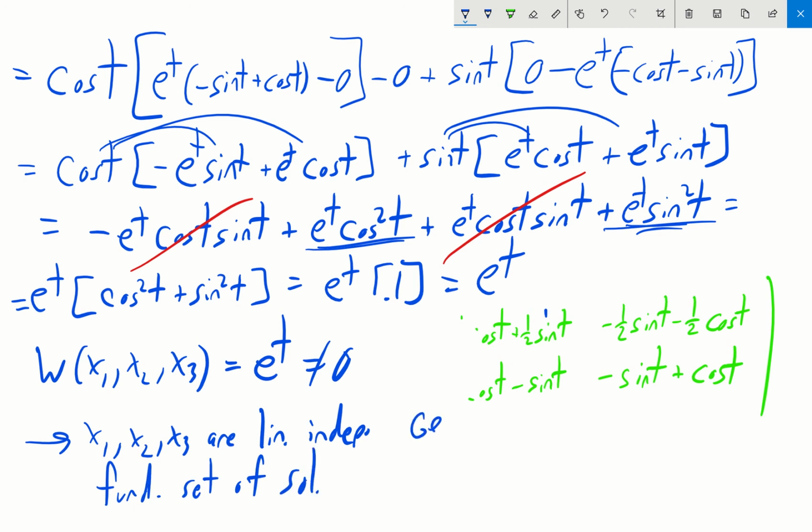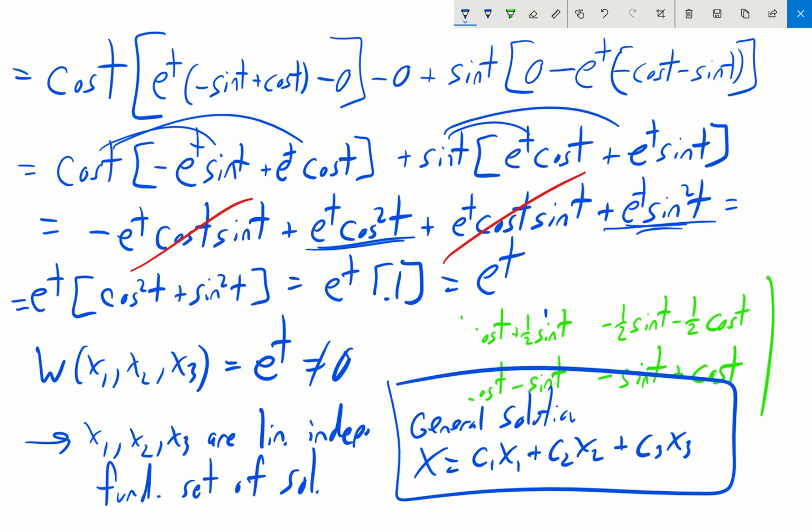And therefore we can talk about the general solution. I'm not going to rewrite it, but the general solution of this system is simply going to be x equals c1 x1 plus c2 x2 plus c3 x3. General solution namely being the linear combination of a fundamental set of solutions.